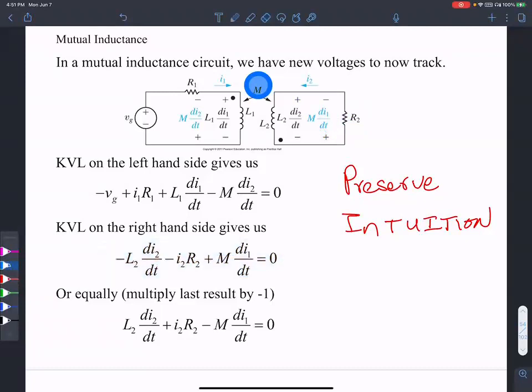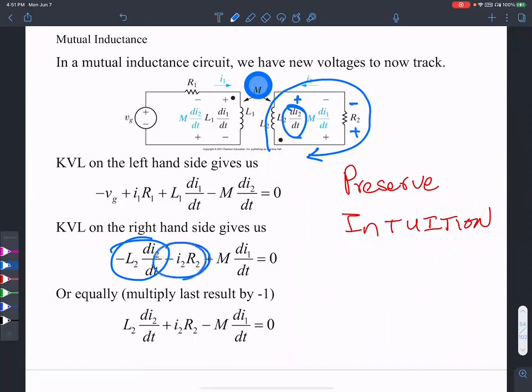Let's do the KVL here, starting at this node. It comes down to the reference direction that I choose. If I'm going in the clockwise direction, I see a negative positive direction for L dI2/dt, and then a negative positive direction for resistance. That's why it's negative.